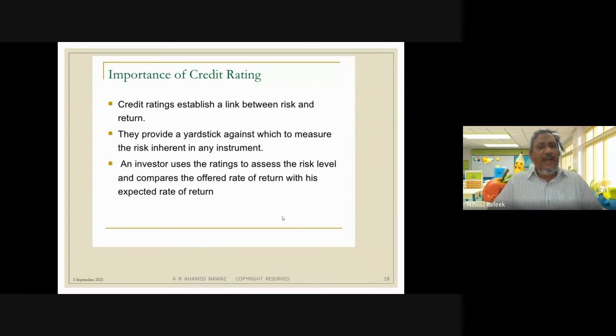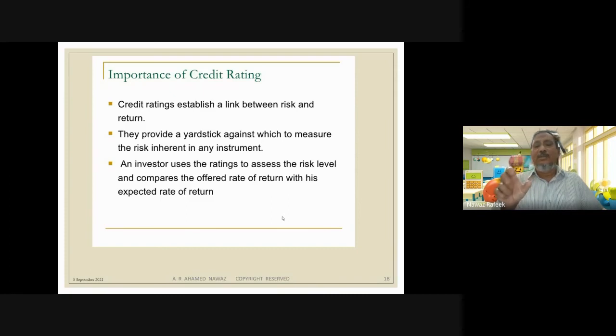They provide a yardstick against which to measure the risk inherent in the instrument. So when it comes to issuing or lending an instrument, from a customer's point of view, it's a measurement yardstick. How to measure the risk? Always, risk has to be measurable.